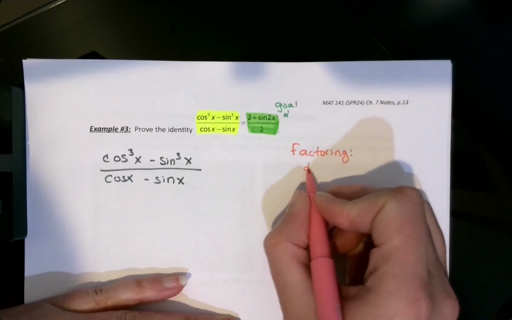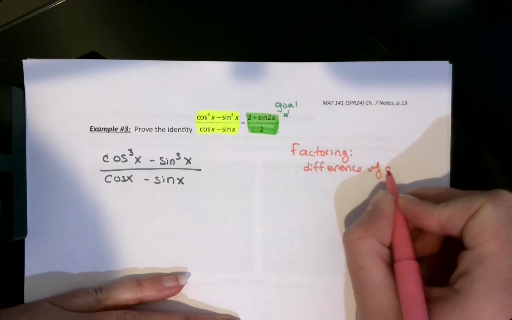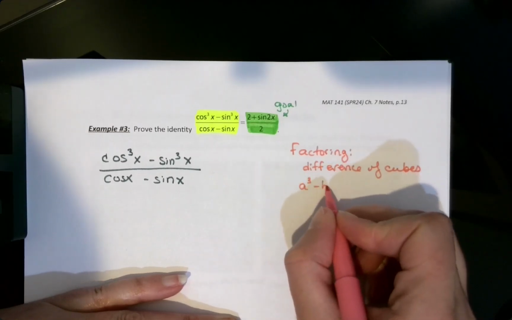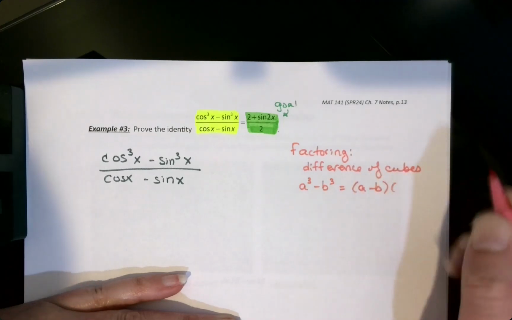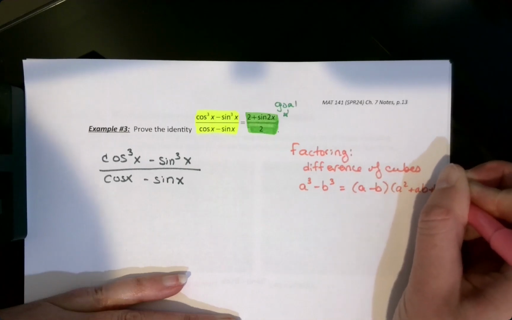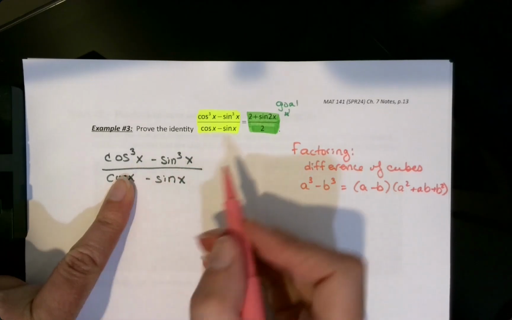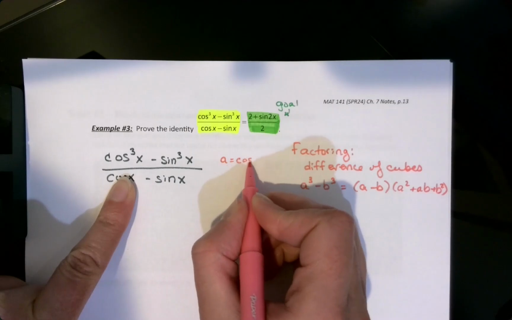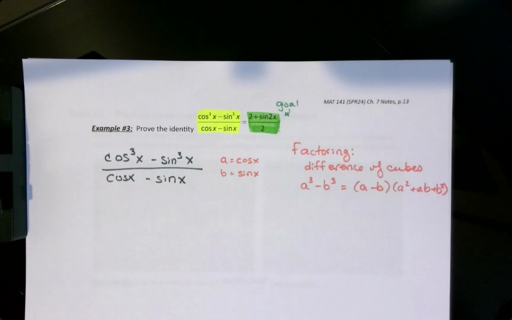So we can factor a difference of cubes using the formula that a cubed minus b cubed will factor into a minus b times a squared plus ab plus b squared. In this case, I do have the difference of two cubes. The a, the thing that's cubed first here, is cosine of x, and the b is sine of x. So let's get this factored.